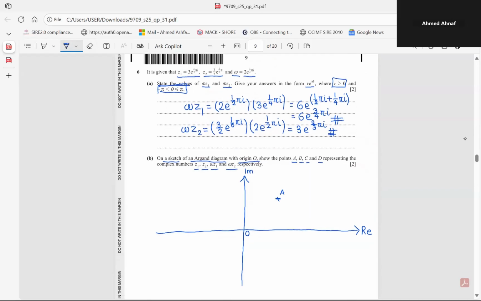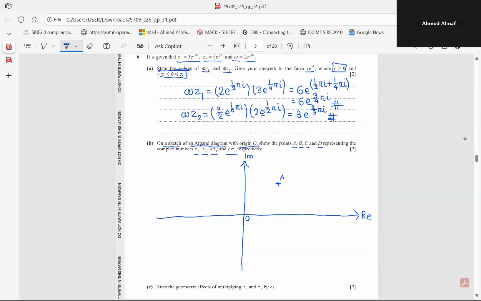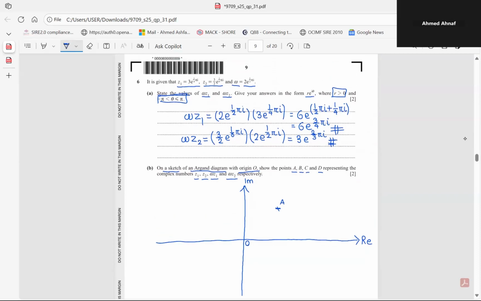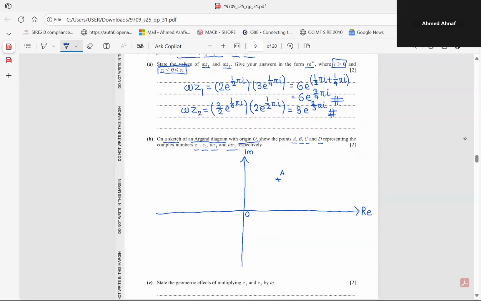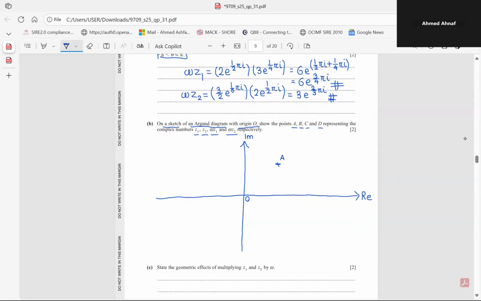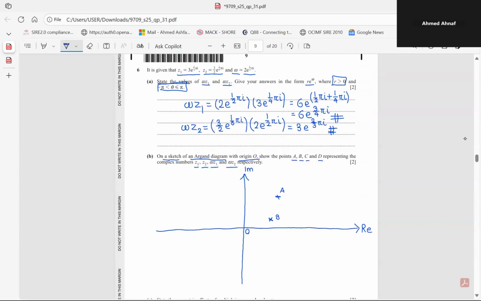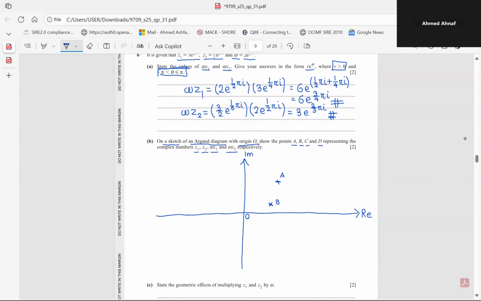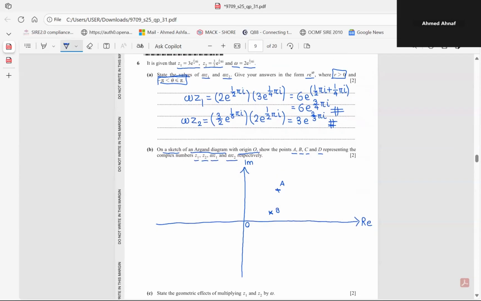So z2's modulus is 3 over 2, so it would be closer to the origin, and the argument is pi over 6, which is about 30 degrees. So it would be somewhere around here. As always, it's best if you have a ruler and a protractor to do this, but since I don't, I'm just using freehand. Okay, anyway, let's move on.